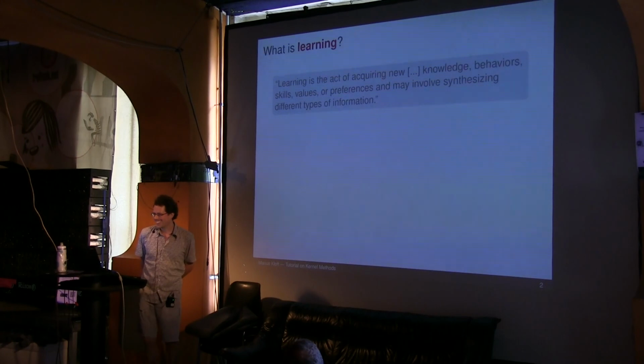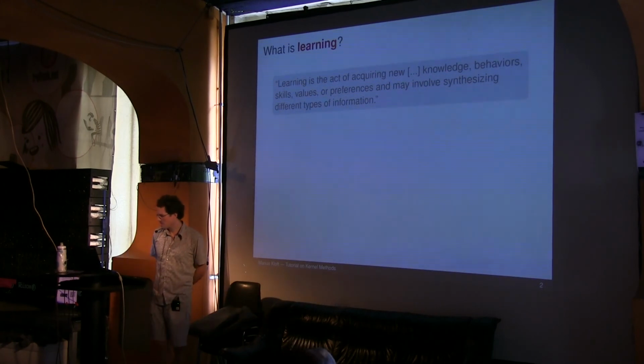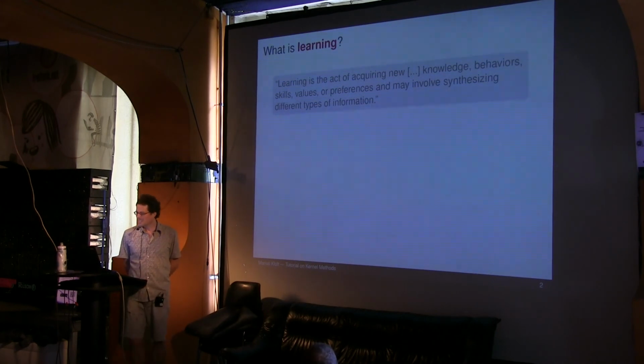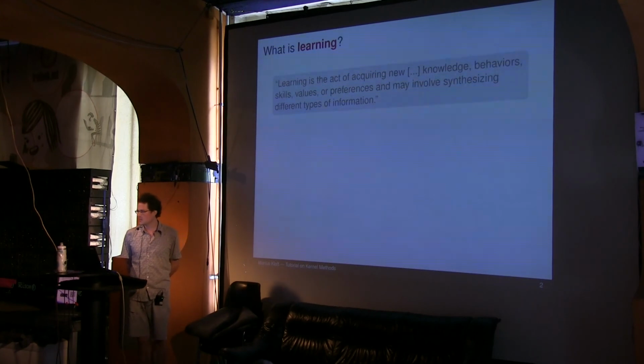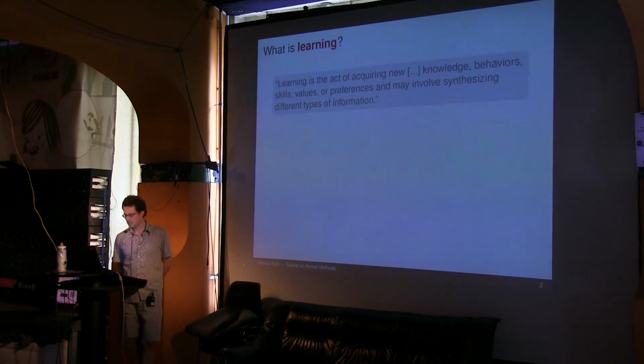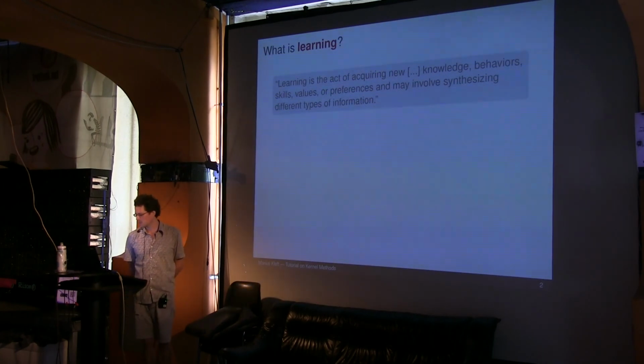So first of all, hello Wikipedia, what is actually learning? Learning is the act of acquiring new knowledge, behaviors, skills, values, or preferences, and may involve synthesizing different types of information.